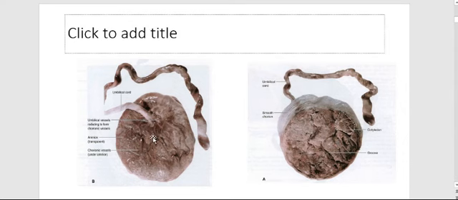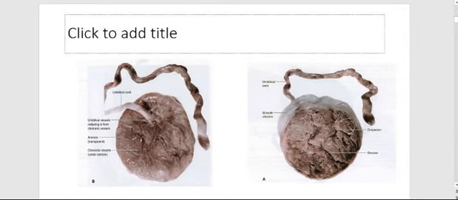Now let's look at the fetal surface. You can see it's very smooth because it's covered with amnion, and there's the umbilical cord. This is the umbilical cord. It's attached to the center of the placenta, sometimes right in the middle, at times slightly away from the center.